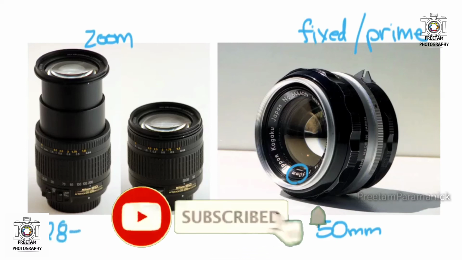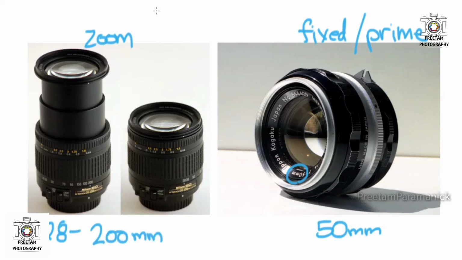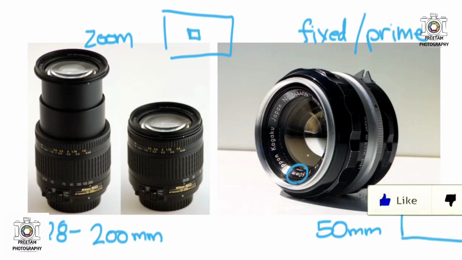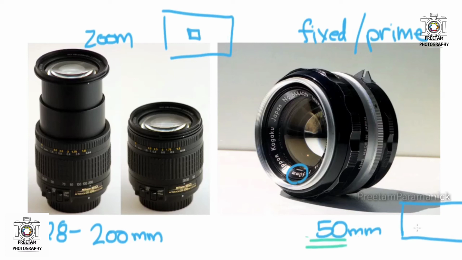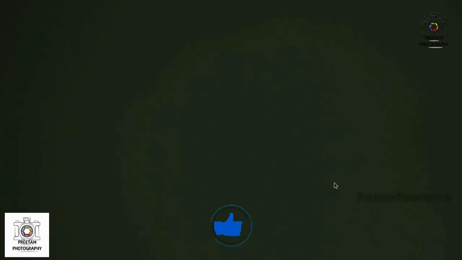Yep, so this is a 28 to 200mm lens. This means that this lens can zoom in, so it can take a really wide shot, and then you could zoom in and take a really small shot. But this lens over here can only take what's called a normal shot, because 50mm is what's called normal. It can't zoom. There's no zoom factor on it. The only way that you can zoom in on this lens is by walking closer to the subject.